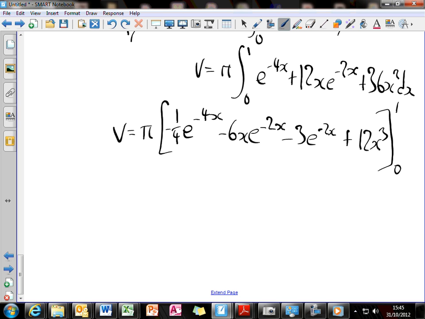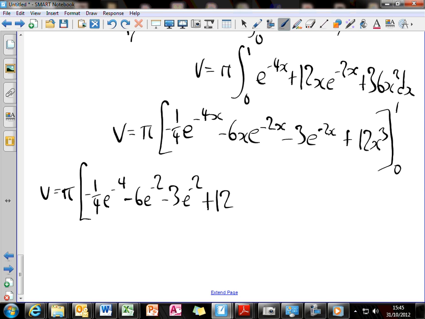So I just go through all of this, and I put 1 in for x, and then I put 0 in for x. I'm going to get minus a quarter e^(-4), minus 6e^(-2), minus 3e^(-2), plus 12.